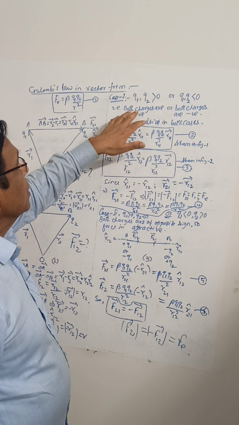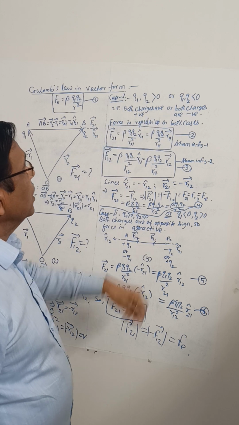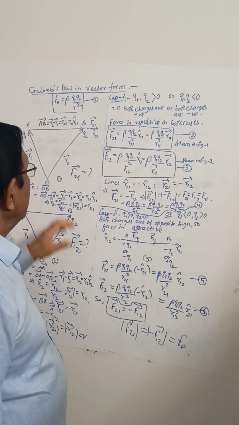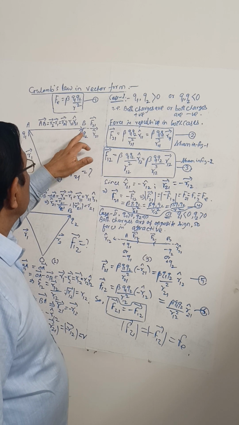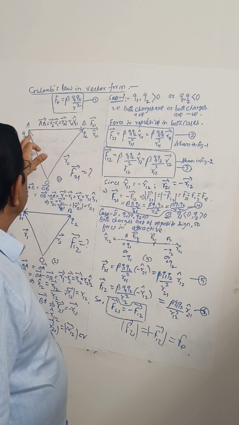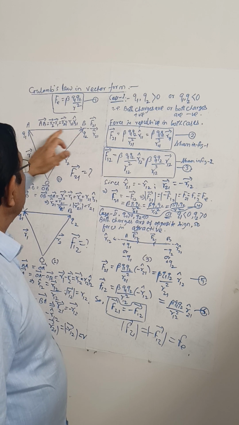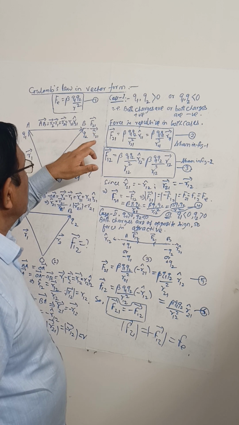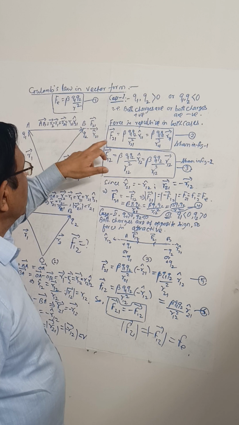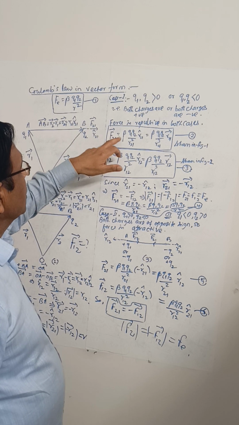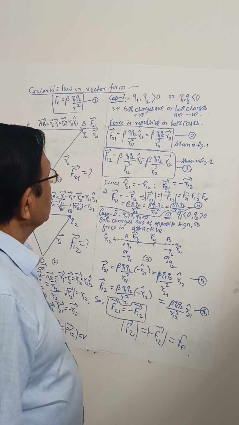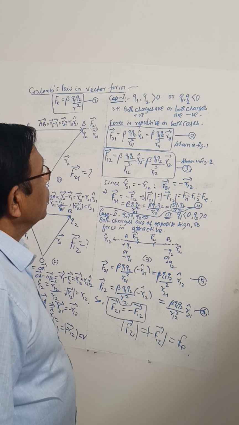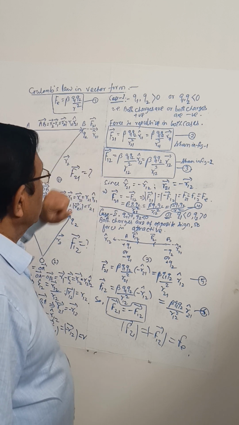Since both charges are positive or both are negative, the force between the two point charges is repulsive, and this repulsive force, that is, Q2 is repelled by the charge Q1, is in the direction of vector AB, which is in the direction of R21 cap or vector R21. So this is represented by vector F21, which is given by F21 = β Q1 Q2 / R21² times R21 cap = β Q1 Q2 / R21³ times vector R21. This is shown in figure 1.